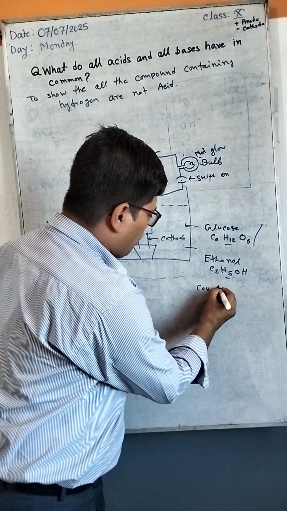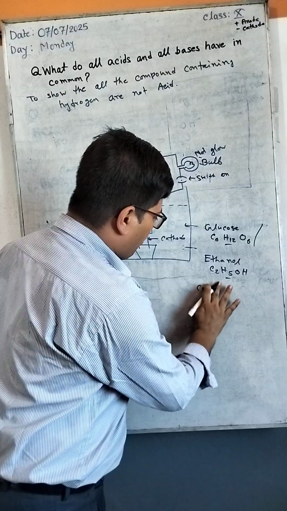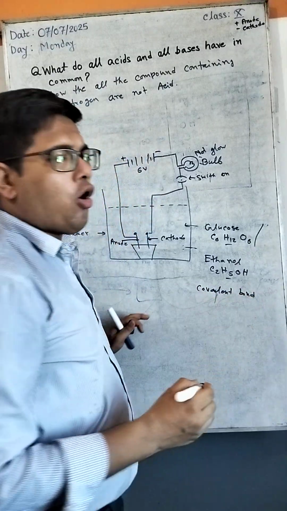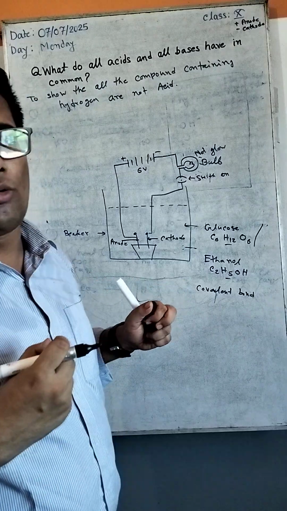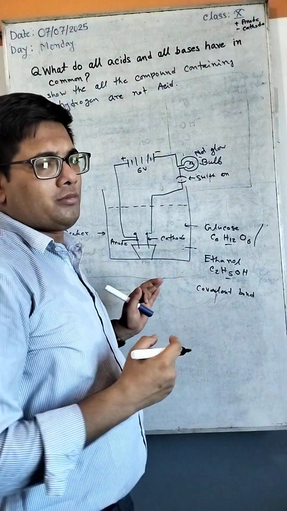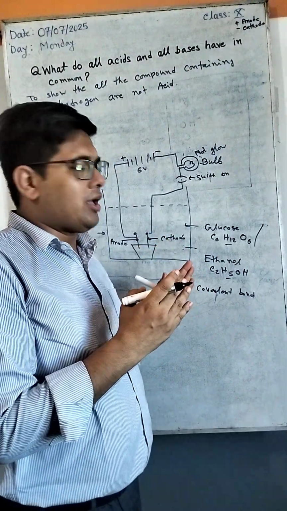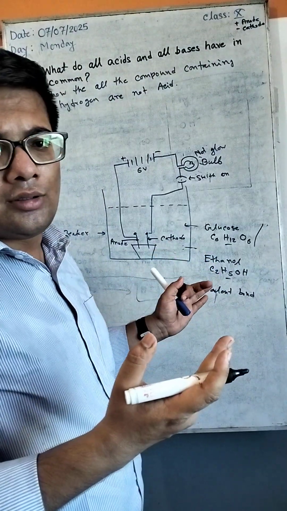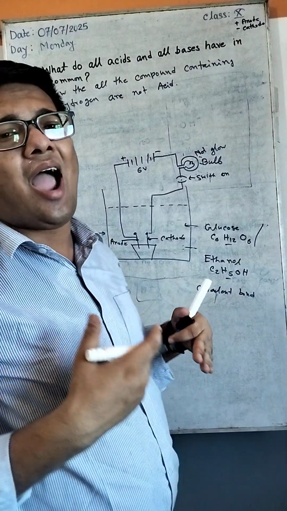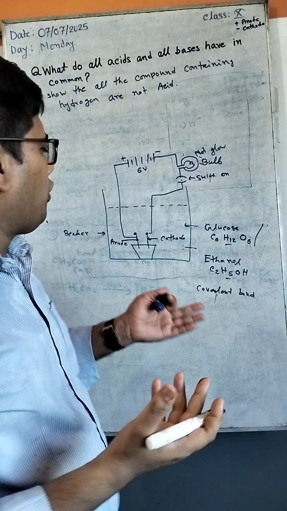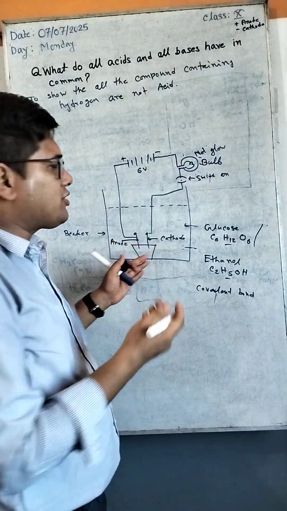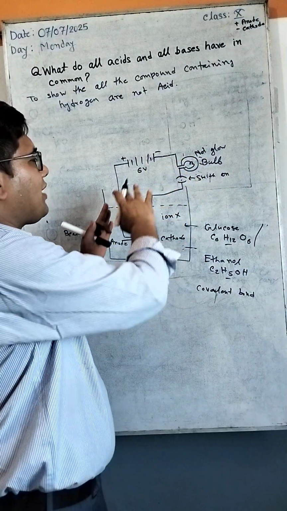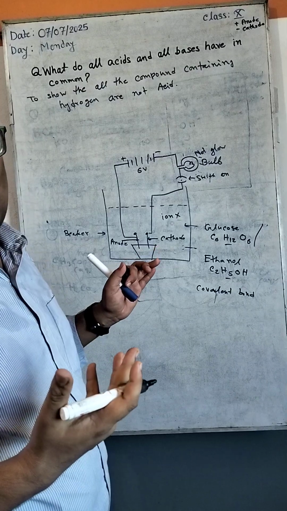That is called covalent bond. A covalent bond is very strong. It cannot break down. When it does not break down, hydrogen cannot dissociate. When it cannot dissociate, it does not produce any hydrogen ion. With no hydrogen ions, the bulb does not glow because the circuit stays open, not closed.